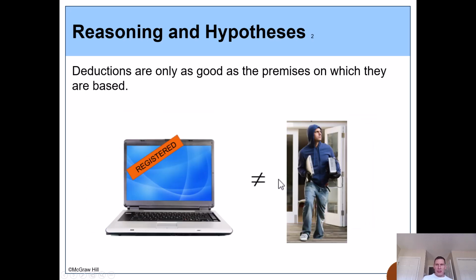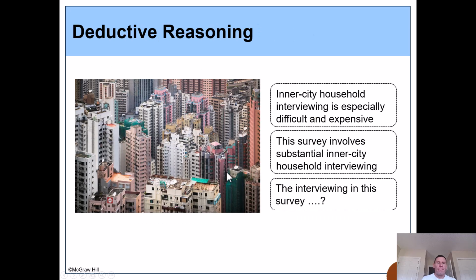Now deductions are only as good as the premises on which they are based. Right? So they're not always great, they're not always good. This is where, at the beginning of any kind of research study, you've got to pay very close attention to what you are deducing, because a lot of times, I would submit to you, people make faulty deductions.